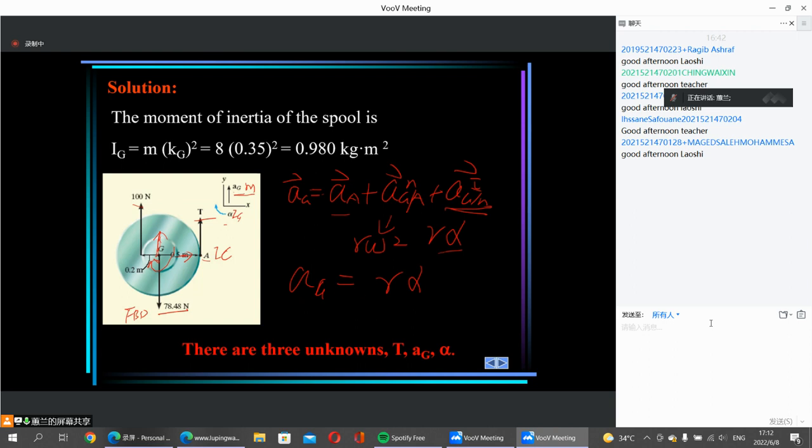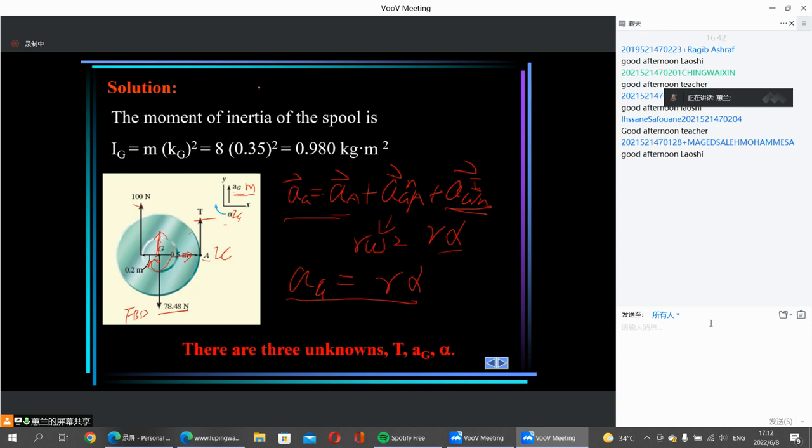So that means G relative to A should be clockwise. AG can go up. Here you just use this equation to check that AG will always have the same sense.